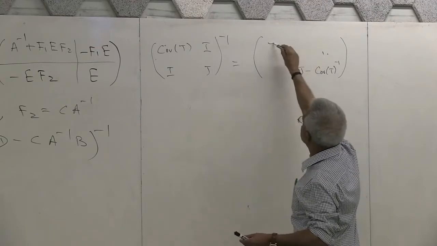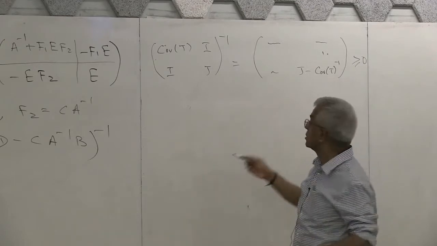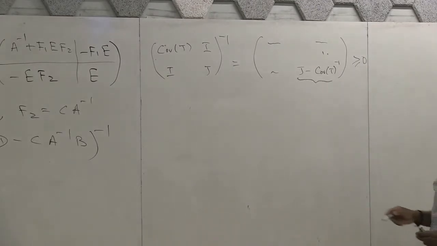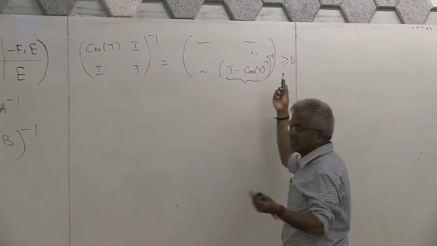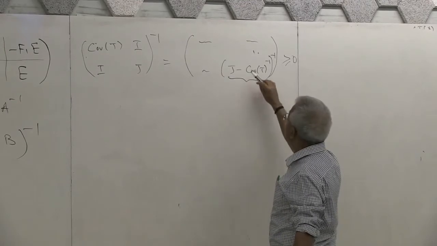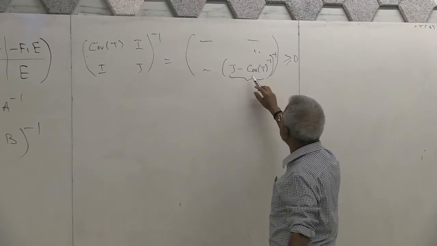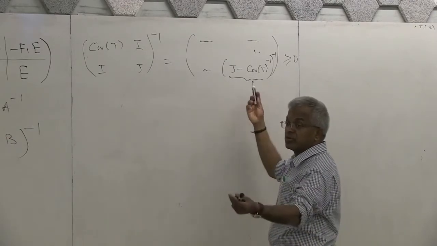You have some stuff here, but you know that this is also non-negative. So in particular, the inverse of this whole thing, right? So this is another way to prove it if you want. We know that this entry is non-negative, so its inverse is non-negative.